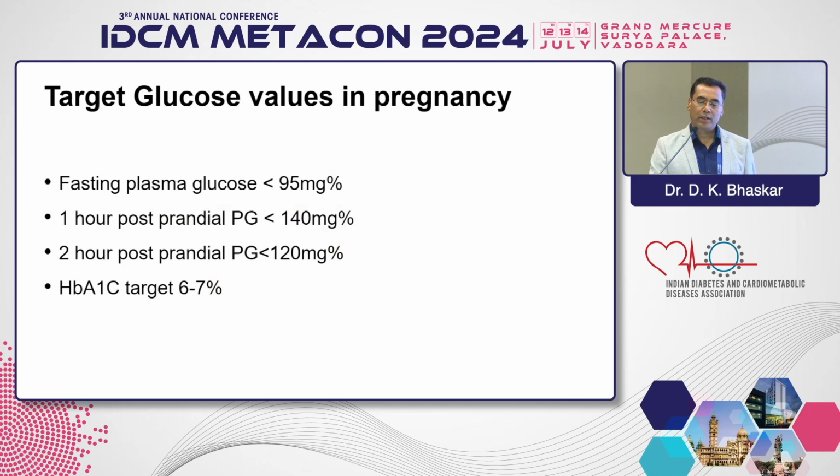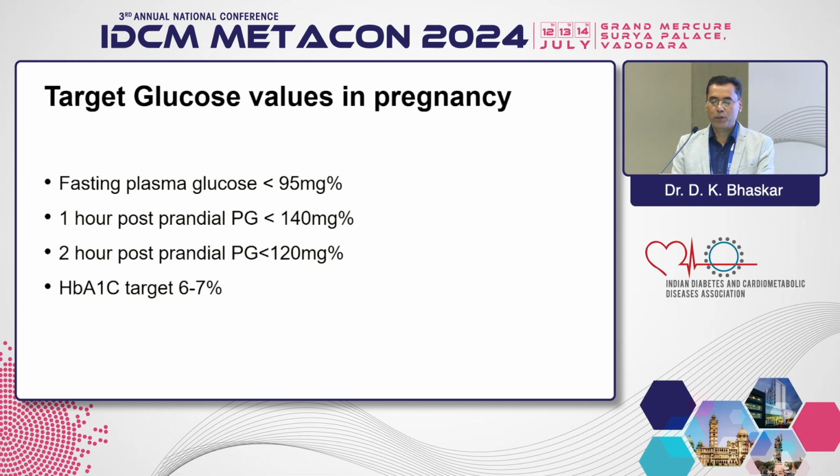So coming to the targets of glucose values in GDM, madam has already discussed this. Fasting should be kept below 95, but it should not go below 86, because it is shown that if you push sugar too low in GDM, there is no added advantage, and over and above it gives more adverse outcomes because of hypoglycemia.